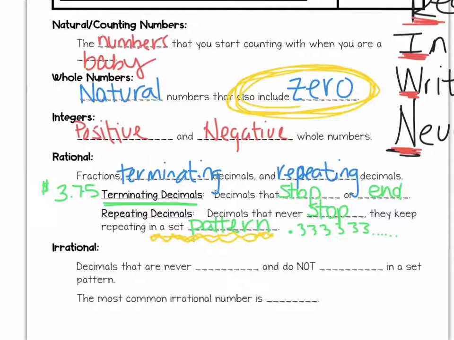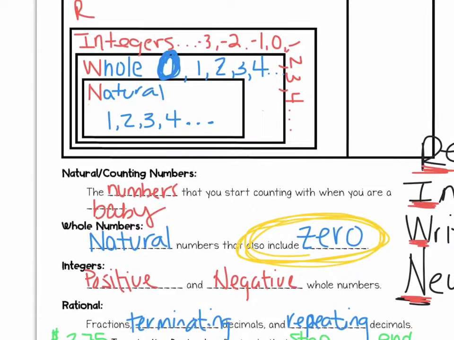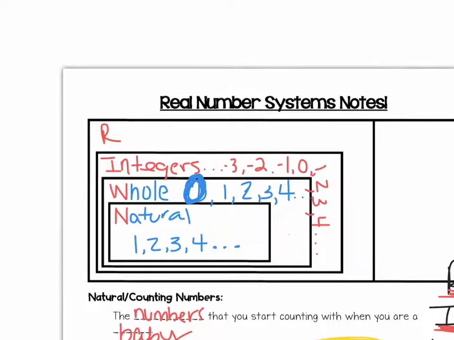So let's go look at this up here. So, rational numbers are fractions. So I'll just put like maybe 3/4 to think about it. Terminating decimals, which we said are a lot like money.